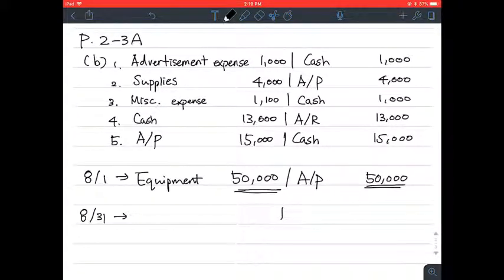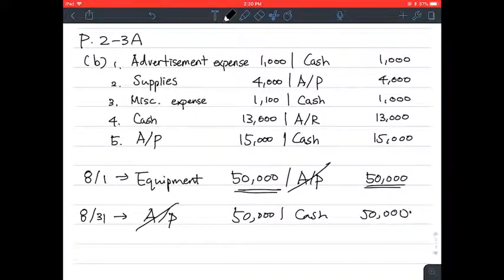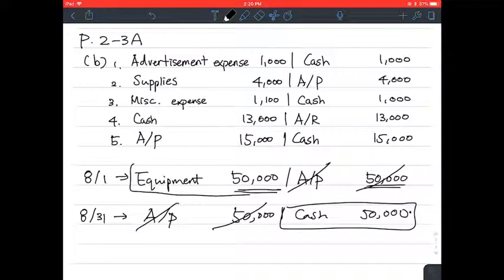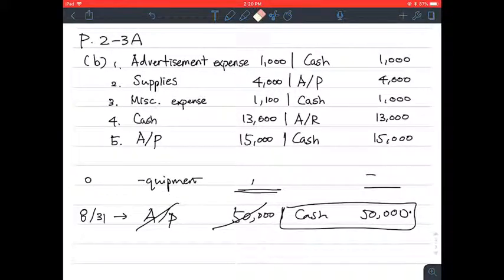You purchased something, so you're going to have to cancel the account payable, $50,000, and cash, $50,000. It will cancel out, and this equipment and cash is what you have in the end, right? Okay.